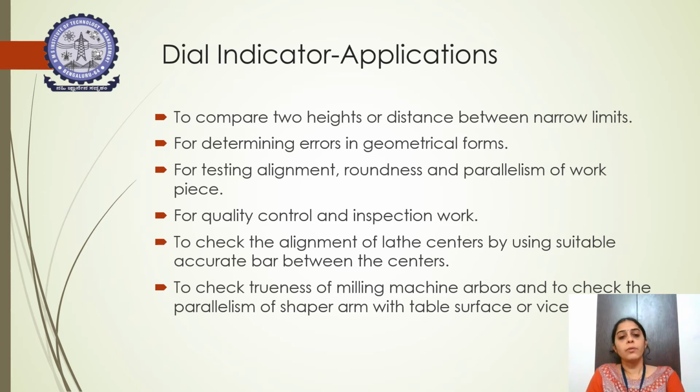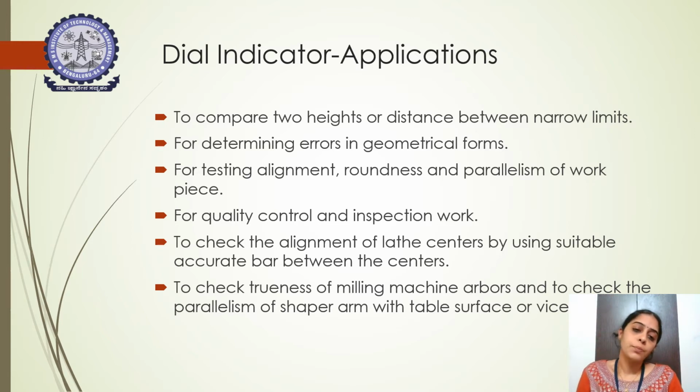It is also helpful for testing alignments such as roundness and parallelism of workpieces. It helps in checking whether the alignment is proper, whether the roundness we are measuring is accurate, and whether the parallelism of the workpiece is proper.